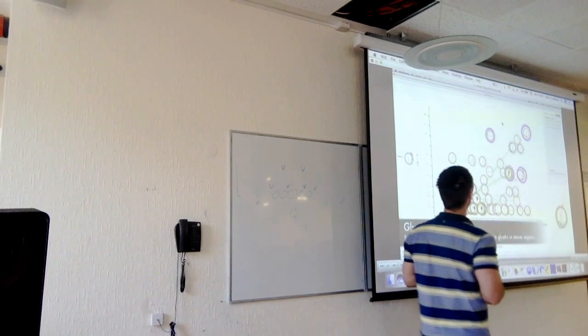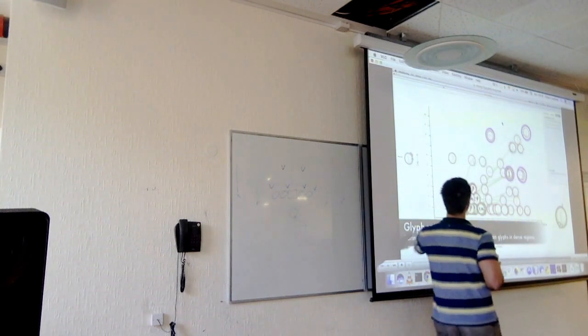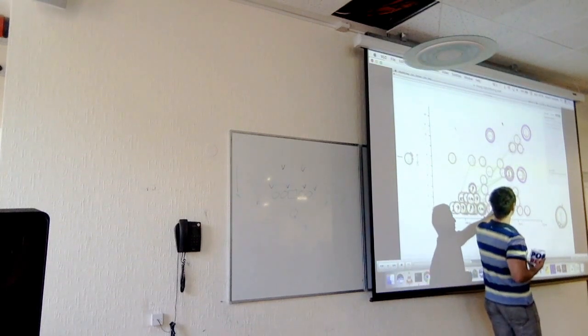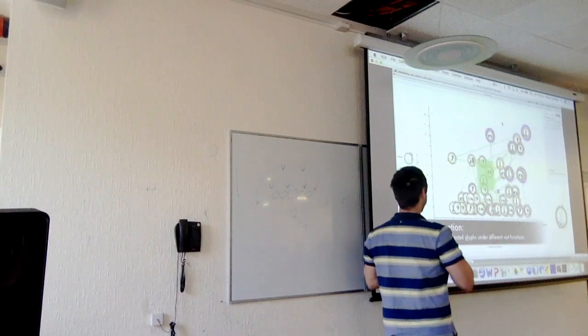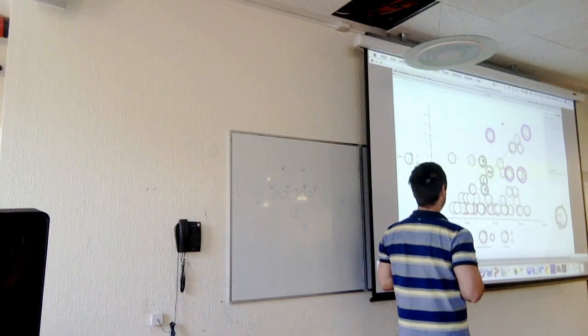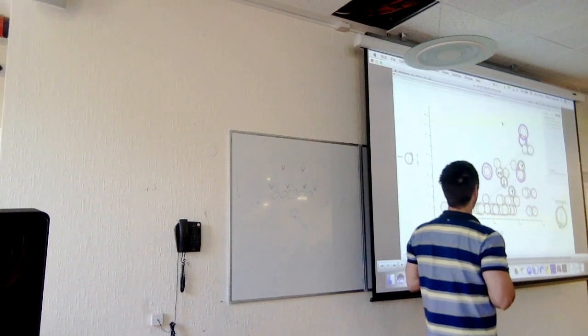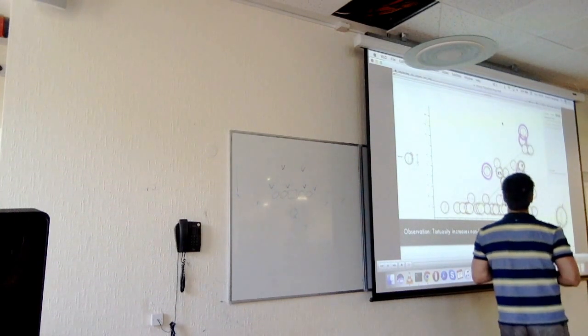We can select glyphs for focus and context rendering, right? These are the focus glyphs, and these are the context glyphs. And we can sort by tortuosity.